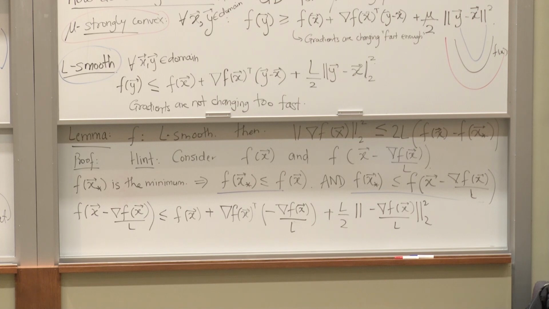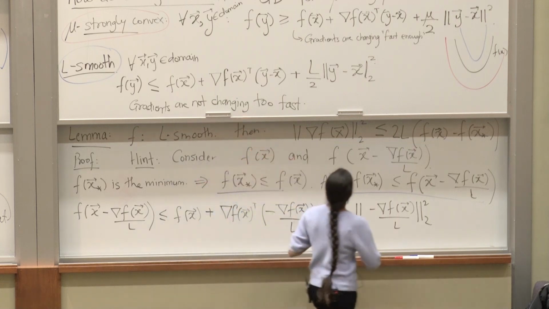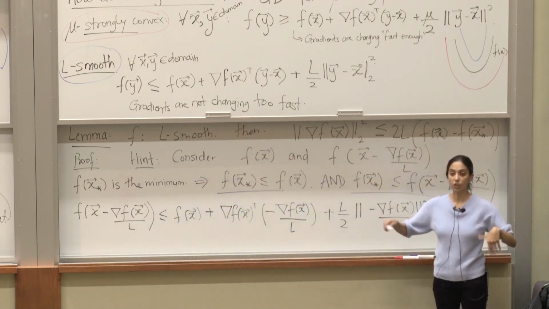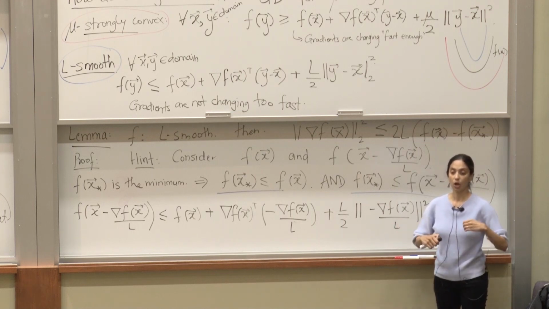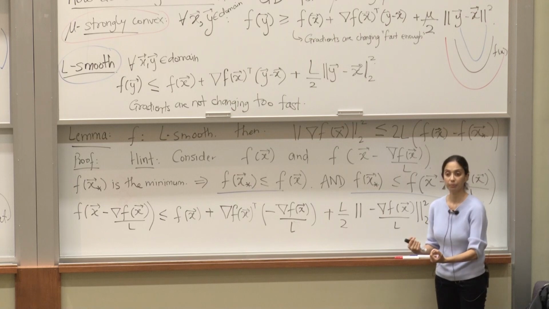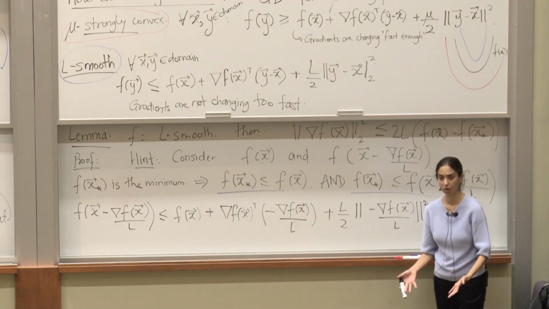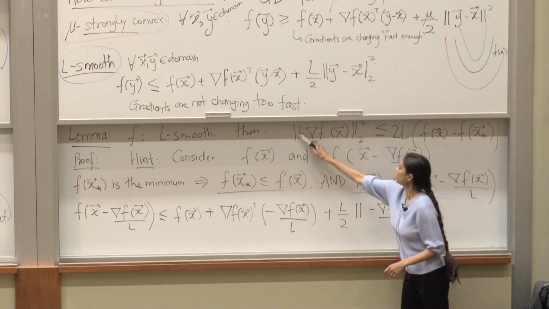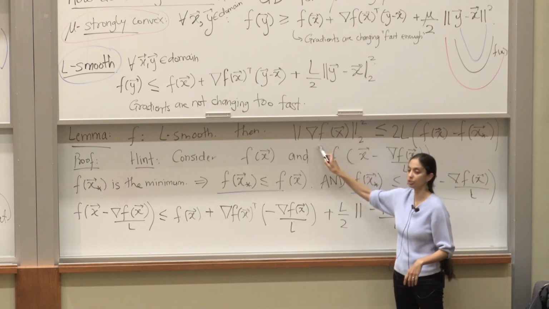Yes, question? Can you explain intuitively the meaning of the lemma again? Yeah, I can. What we're trying to show is that our function isn't changing too fast. When you're close to the optimum, you're going to be taking small steps toward the optimum. So the step you take is proportional to the size of this gradient.